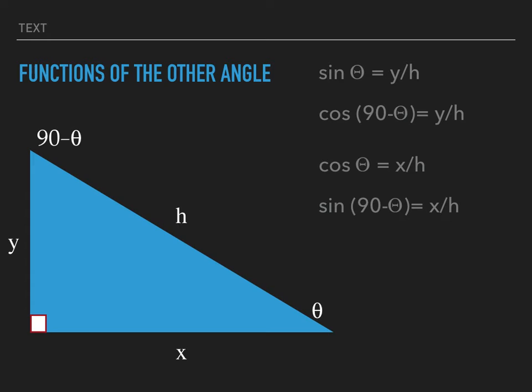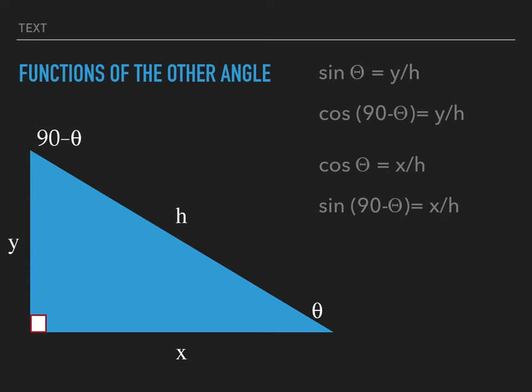So the cosine of the 90 minus theta angle, the cosine is adjacent over hypotenuse. That would be y over h. You'll notice that the cosine of the 90 minus theta angle and the sine of theta are the same value, y over h. Okay? Now if we do cosine of theta, that's adjacent over hypotenuse, that's x over h.